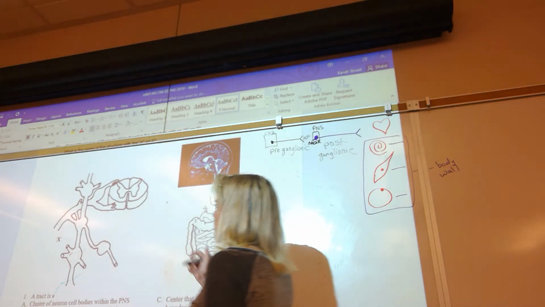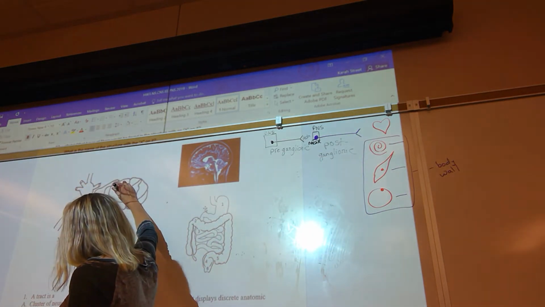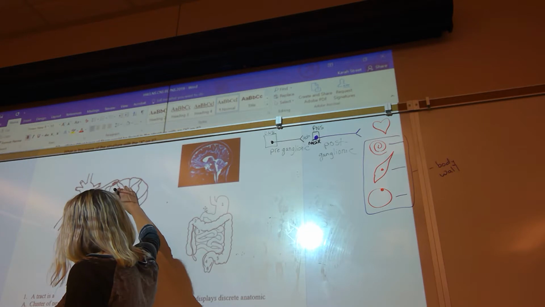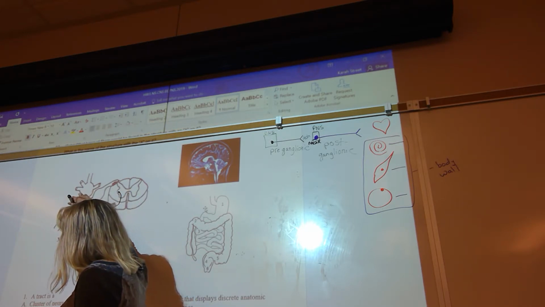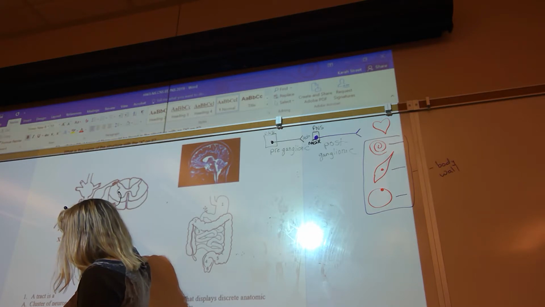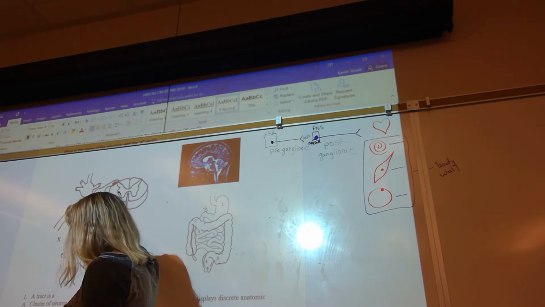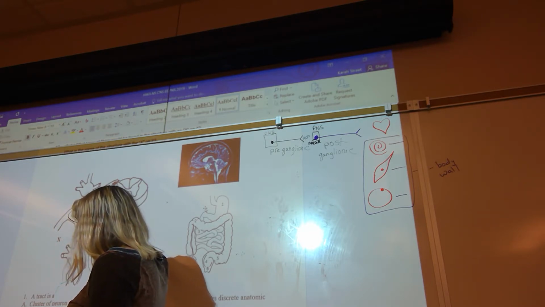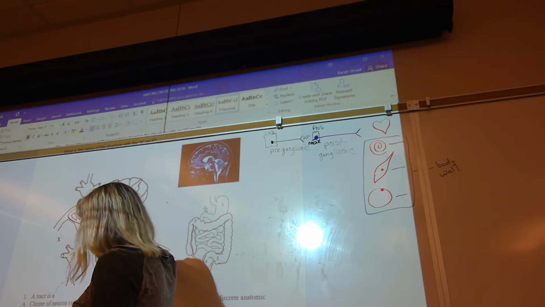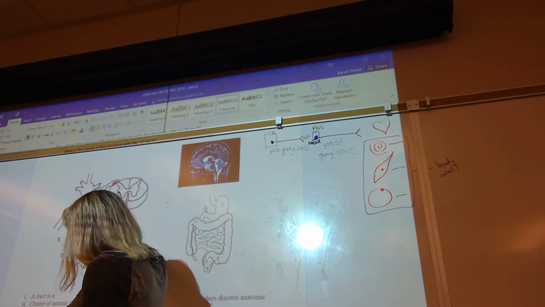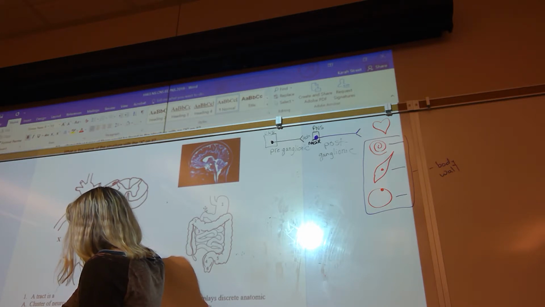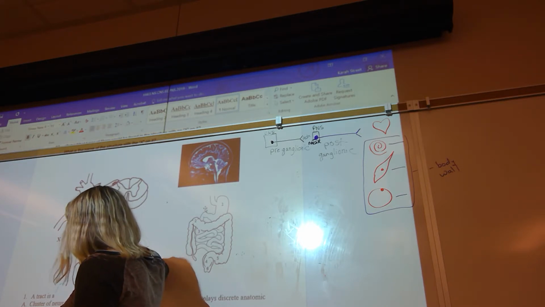It is. So I'm going to have my preganglionic fiber exit through the ventral root, enter a white communicating ramus, and enter a splanchnic nerve. So this is a splanchnic nerve. Not a pelvic, but it is a splanchnic.